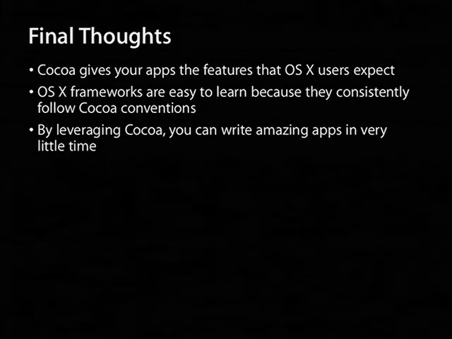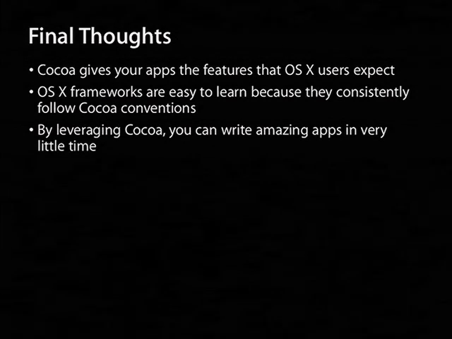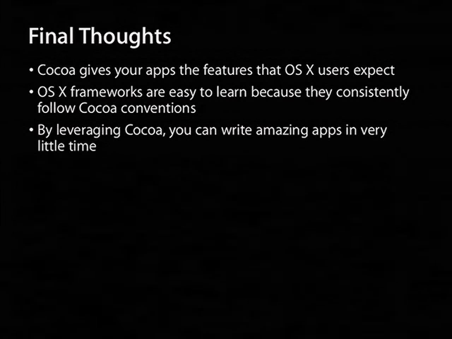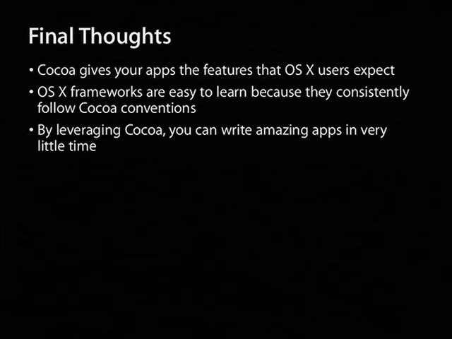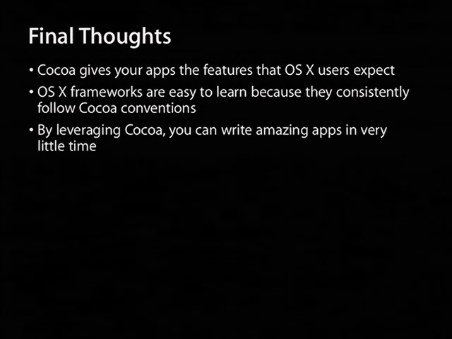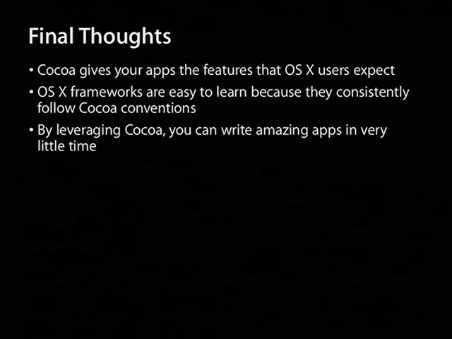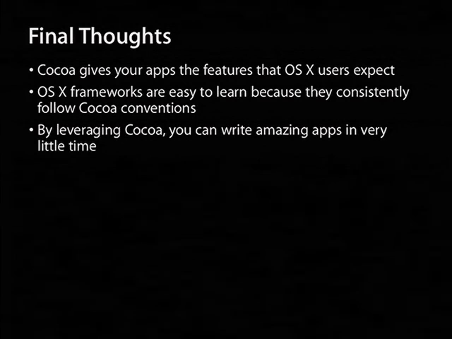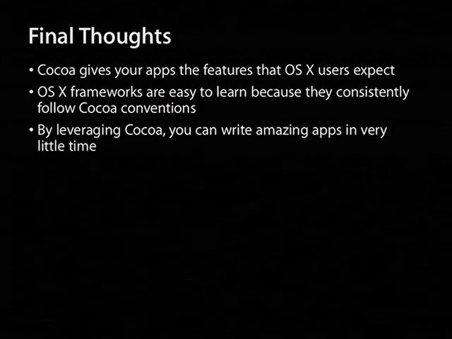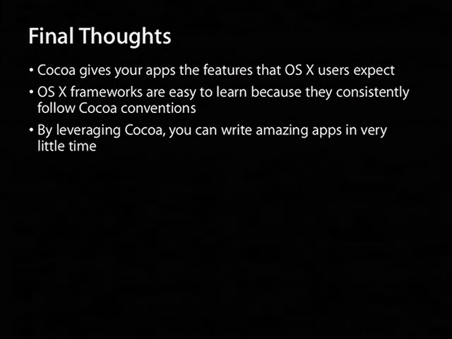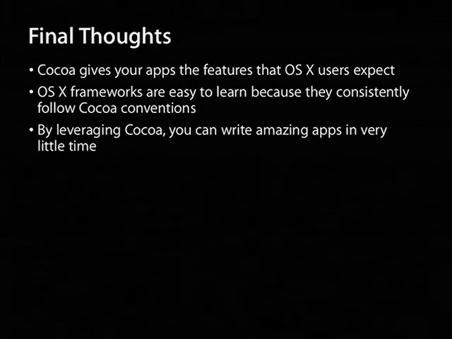And the frameworks are easy to learn because they consistently follow the Cocoa conventions. And it's not just AppKit and Foundation, but also frameworks like Core Image or QTKit or Core Data all follow the Cocoa conventions. So if you understand the Cocoa conventions, it's very easy to learn these other frameworks. And by using Cocoa, you can write amazing apps in very little time. I'm sure you will.